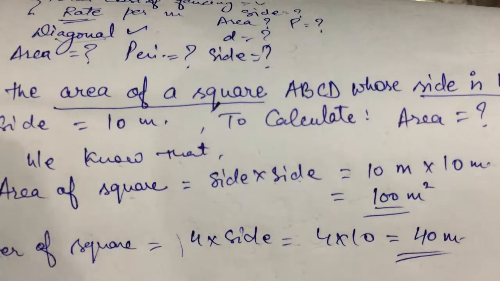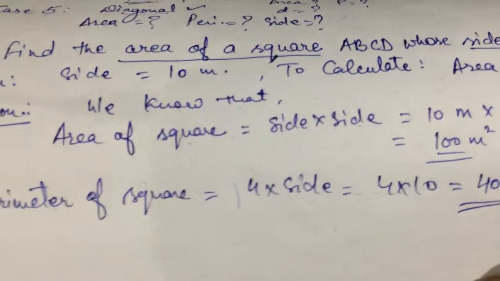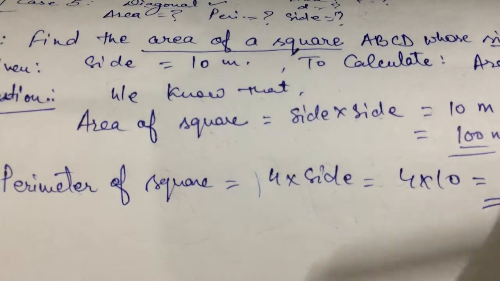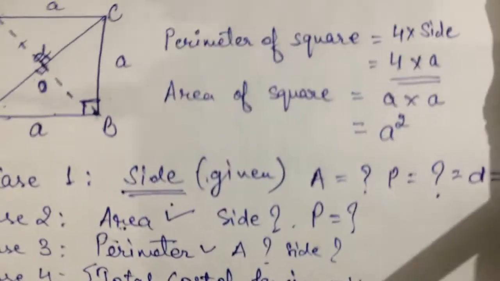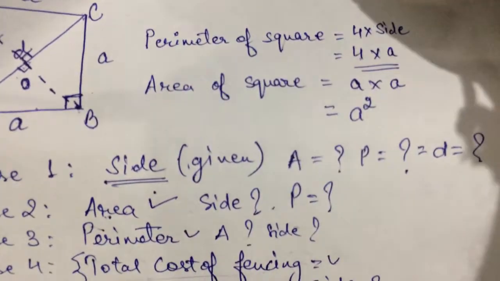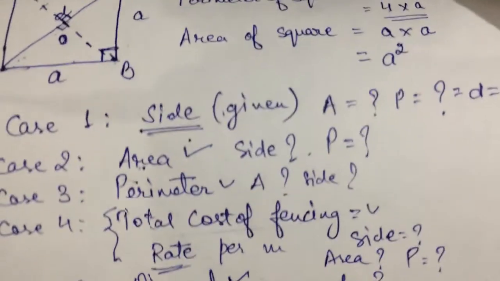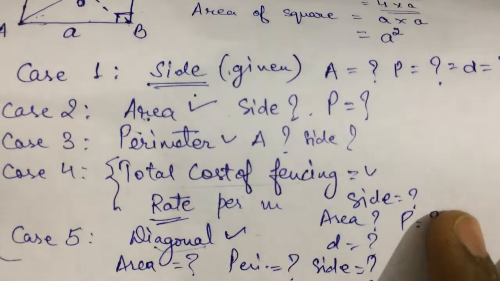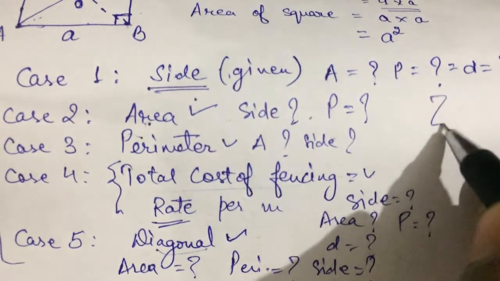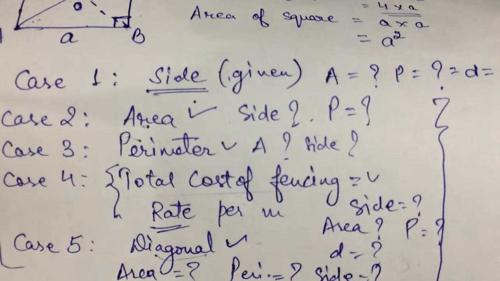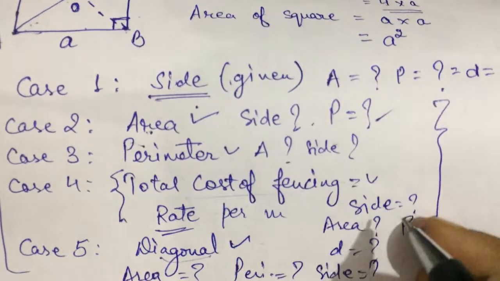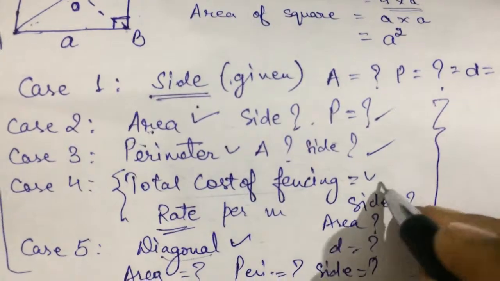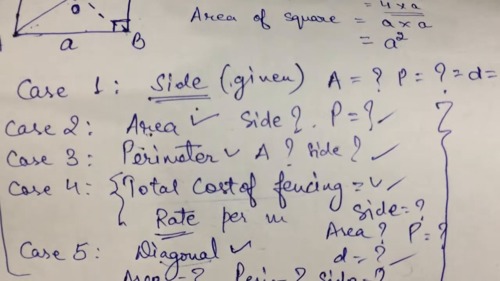Case 2. One by one. Acha, we'll do one thing. Whatever the cases are there, now it's your time to ask questions on the basis of these different cases. There are several cases I have told you. By keeping these several cases in your mind, you frame questions. 2 questions from second case, 2 questions from third case, 2 questions from fourth case, 2 questions on fifth case.